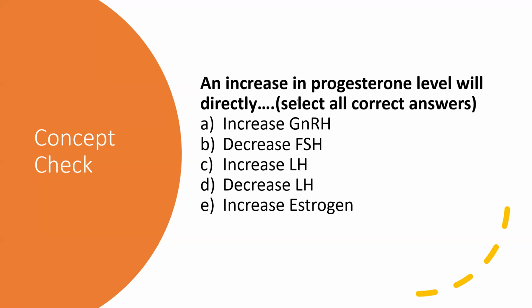Okay, yeah. So if you have high progesterone, you will decrease FSH, you will also decrease LH. And you actually will also decrease GnRH, but that's not an option. So that's all we have.